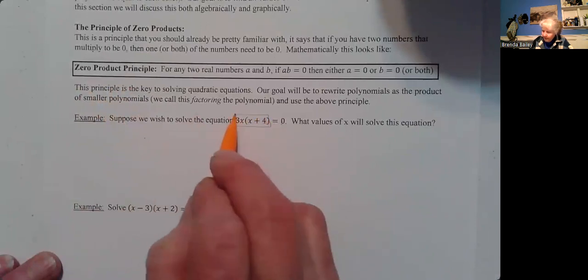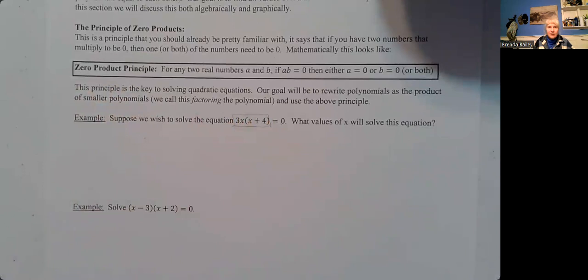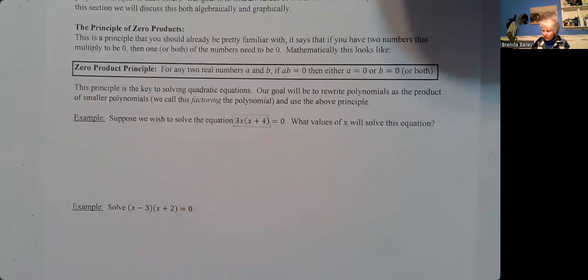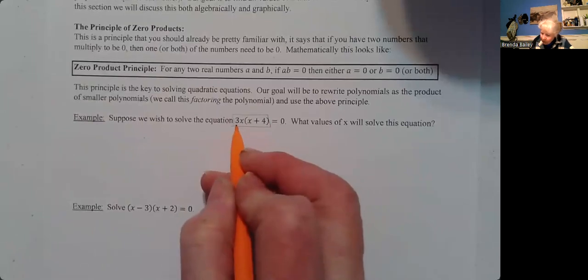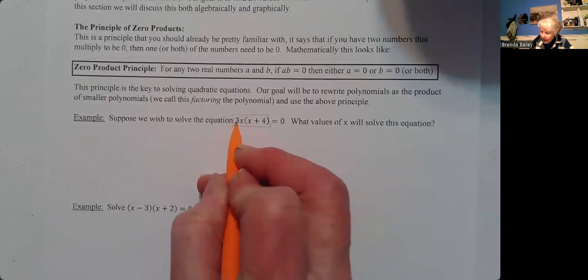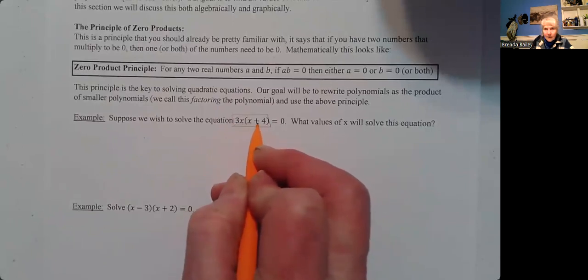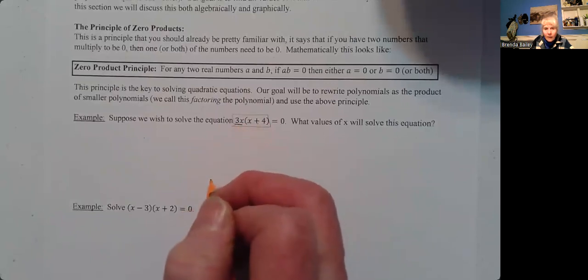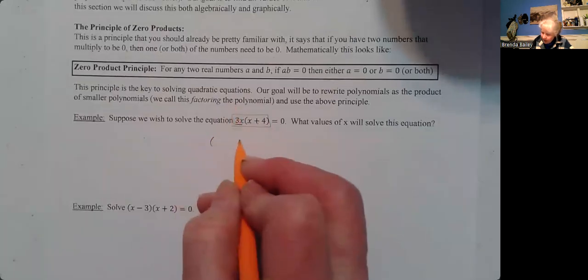This is what sections 6.2 and 6.3 are dealing with: how do you make your polynomials look like this? We'll be using a couple of methods. What values of x will solve this equation? You need to realize that right here you actually have three numbers, 3 times x times this. But we're just going to lump that into one of our numbers that we were talking about.